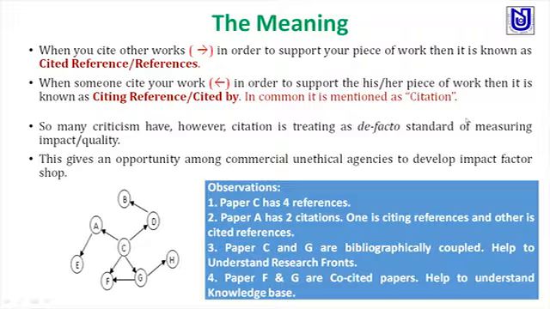Can every piece of citation that a paper receives from various sources be considered a de facto standard for measuring quality? Certainly, I must say no. Only a few pieces are to be treated for measuring impact or the quality of the journal in which it is published.